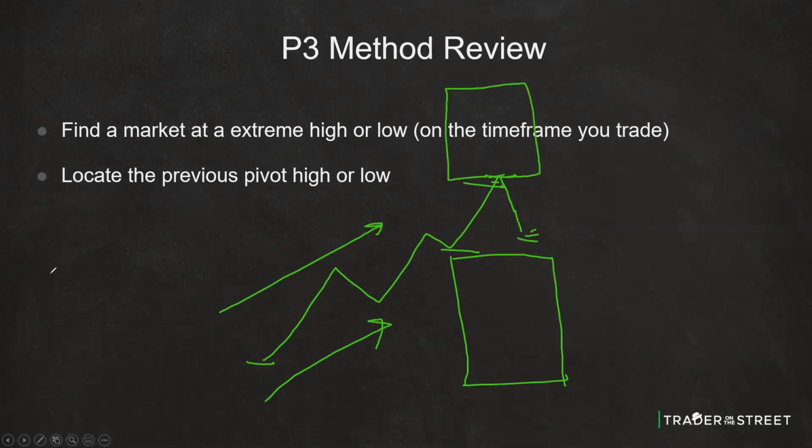There's different ways that I look at, and I need to make sure I include that in one of my classes in the next few weeks. There's counter trend with the P3 method. There's continuation, and there's also consolidation trades. There's 3 types of trades that I look for.